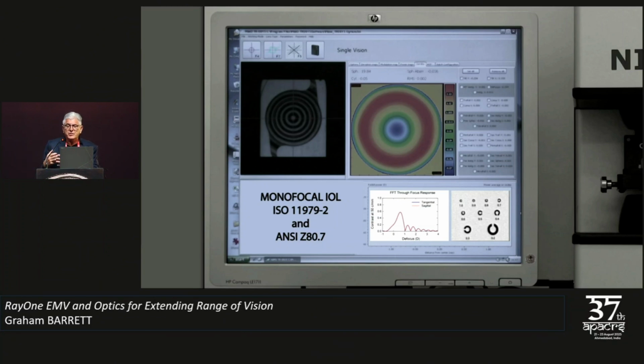But using this principle, you can make a lens which gives you a tangible benefit, still falling within the ISO and ANSI standards for a high-quality monofocal lens. As Ron is alluding to, trying to get what you're having now, which is a free lunch in optics.